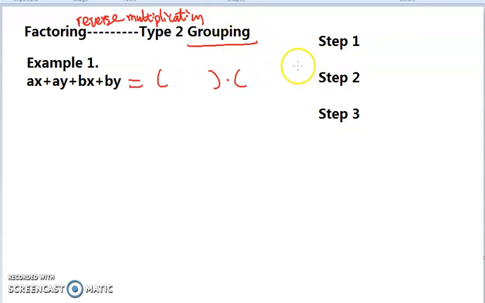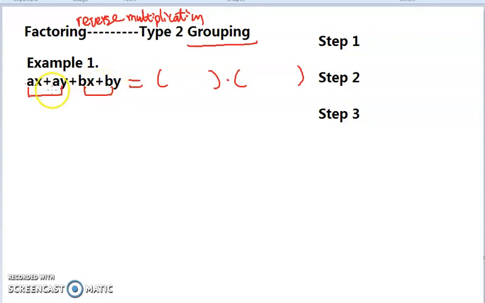Again, 1 goes into all of them, but we're not going to factor out 1 because it's not going to change anything. The letter A goes into the first two; they both have A's, but the other two don't. The other two both have B's, but the first two don't.